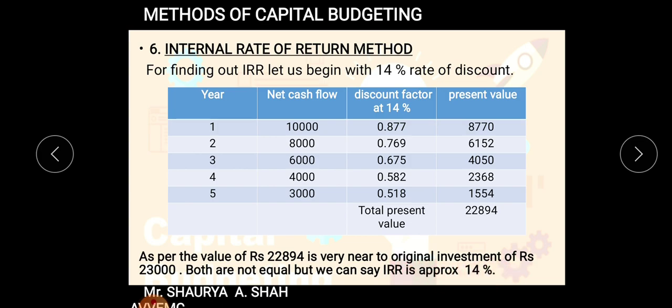It may be 14 point something, or it may be 13 point something, but for our understanding and calculation, we can assume that it is approximately 14%. I hope it is clear, students. So this is your IRR method, where you calculate again and again by trial and error to find the discounting factor. I hope everyone understood this part fine.